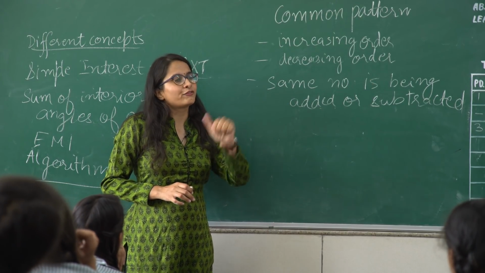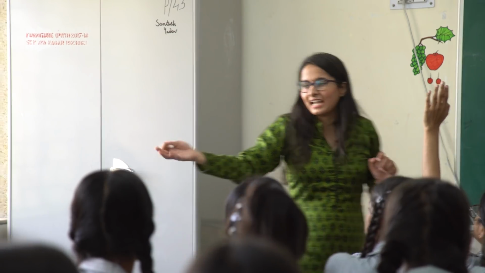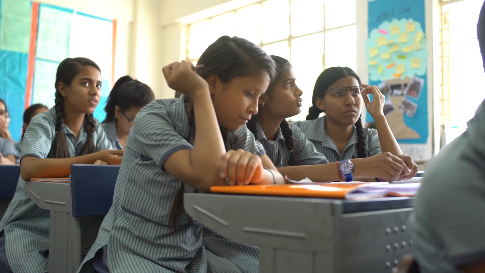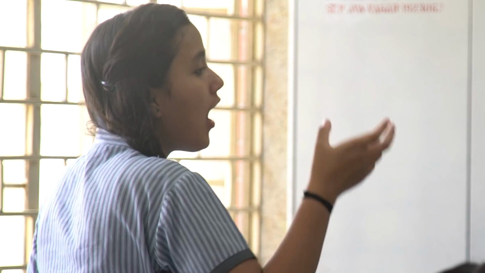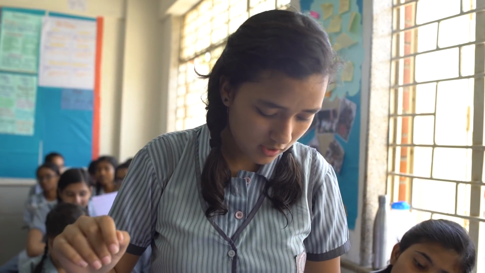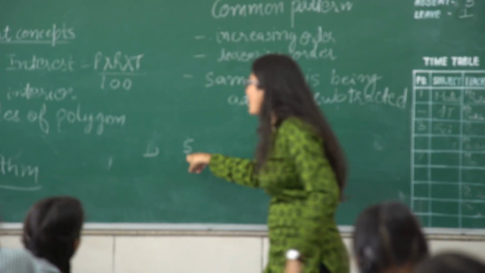Now tell me what is different with the sixth one. Is the sixth one an AP or not? Kiran, try and explain why it is an AP. What is the first term? First number? The 10. What is the next number? 5. What have you added to get 5? We have subtracted 1 upon 2.